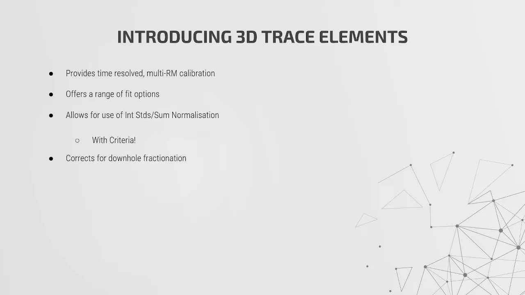It also can do downhole fractionation corrections, which, as I'll show later, can greatly improve your precision. The example that I'll show is an improvement of about 30% more precise.